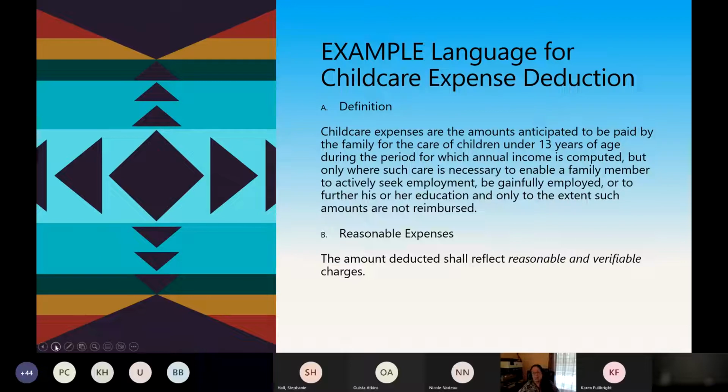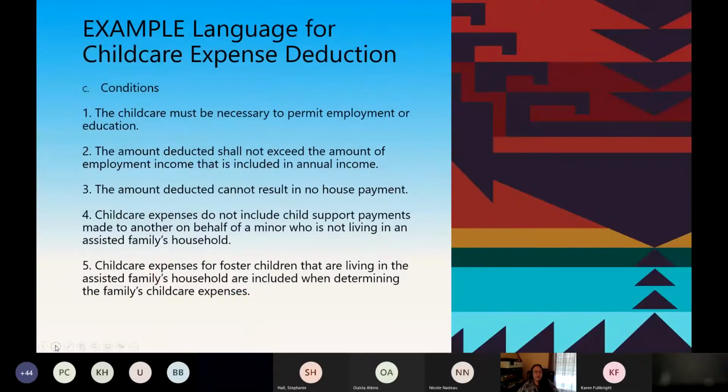Reasonable expenses, the amount deducted shall reflect reasonable and verifiable charges. Conditions, the child care must be necessary to permit the employment or education. The amount deducted shall not exceed the amount of employment income that is included in annual income.